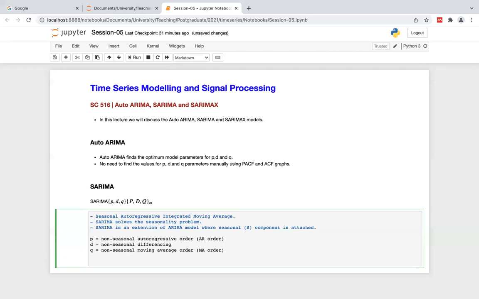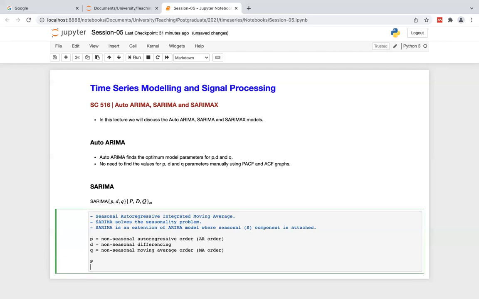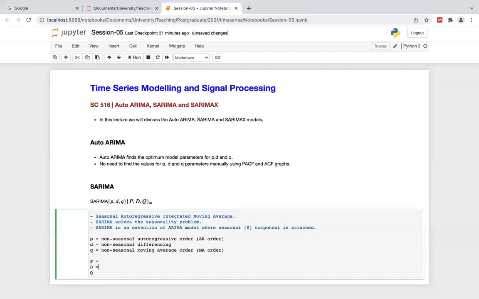Then the other parameters, what are they? Capital P, capital D, and capital Q. Then these are simply the same as previous. Actually, these are seasonal AR order, right? I simply write it and repeat it here, and MA order, and this is seasonal difference, right?